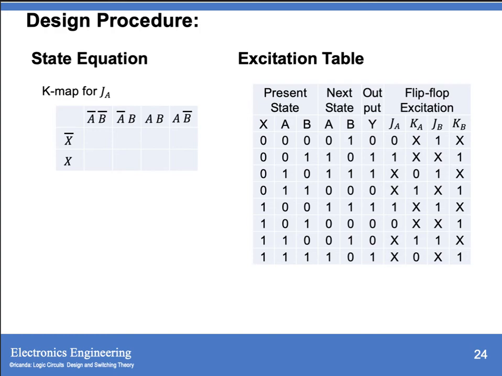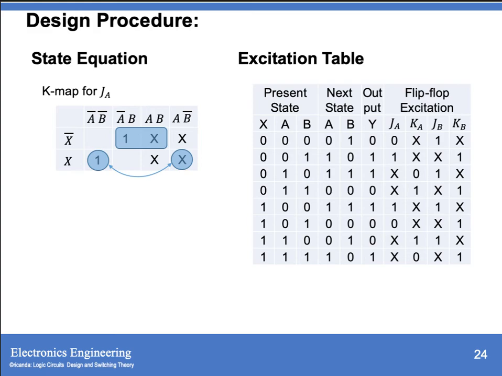So for your JA, we have 0, 1, X, X, then 1, 0, X, X. So we can group this by 2 and by 2. So we have the first two, that is X bar B, and the second two, by rolling the map, we have X B bar.